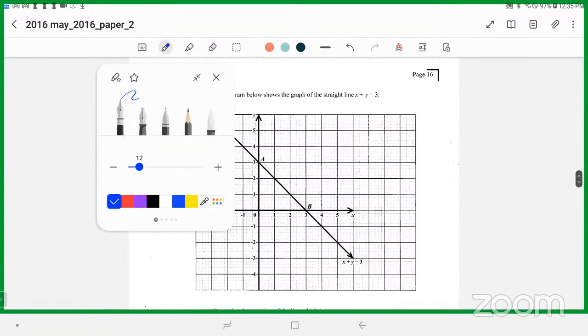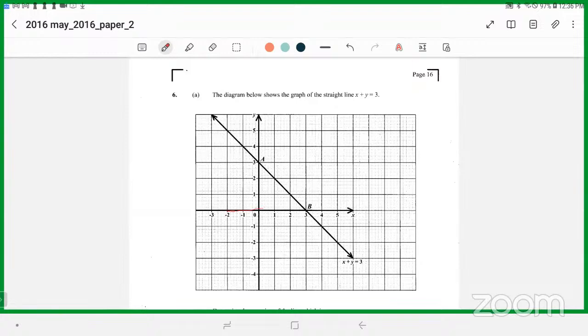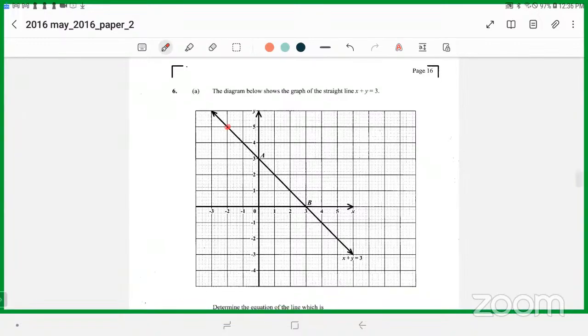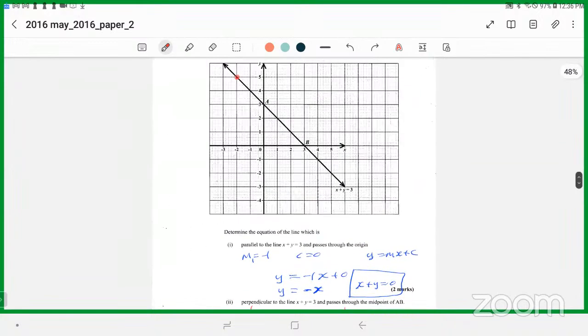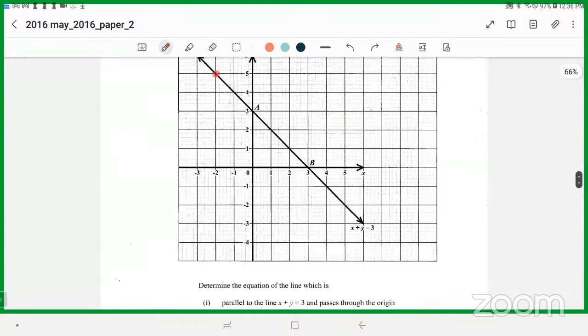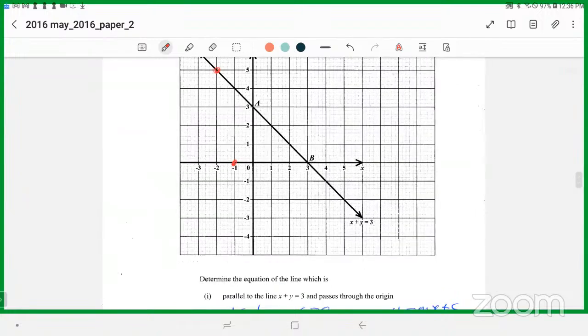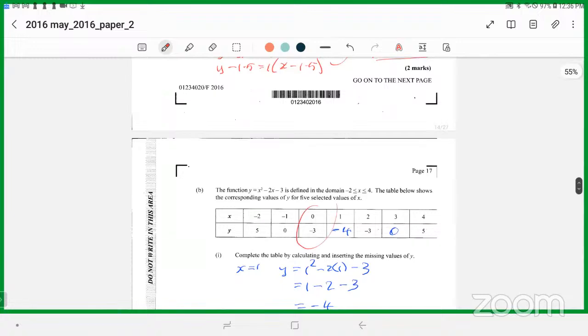Plot them in red. Negative 2 up to 5 right here. So 1 point is here. That's already a point of intersection. Then negative 1, 0. That's right here on the x-axis here. Then we have 0, negative 3.